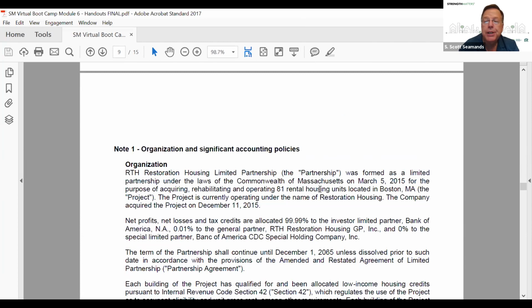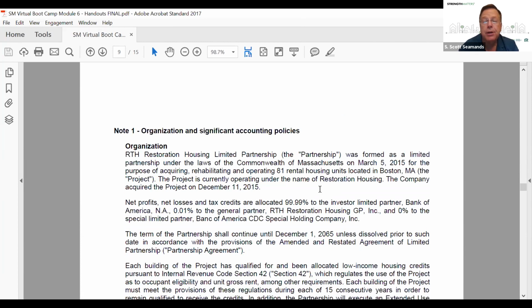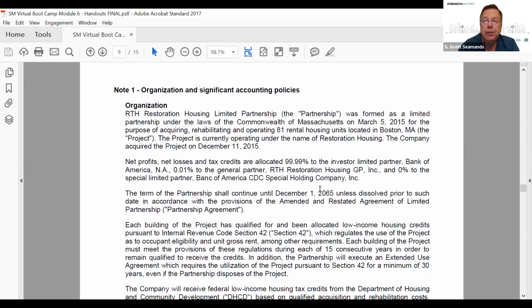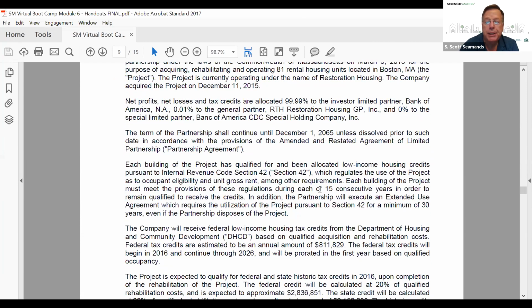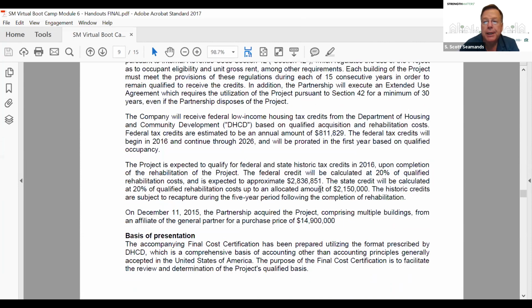Then, following all of those schedules, we have notes to the cost certification, similar to notes to a financial statement, talking about the organization, accounting policies. Notes are optional on this kind of presentation because it's a non-GAAP presentation.